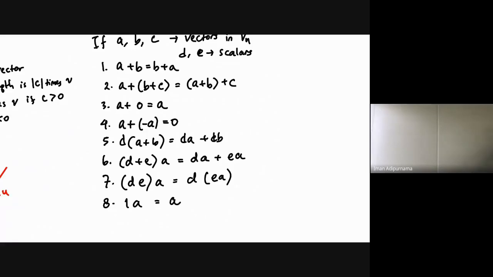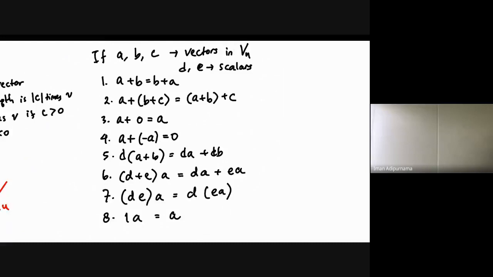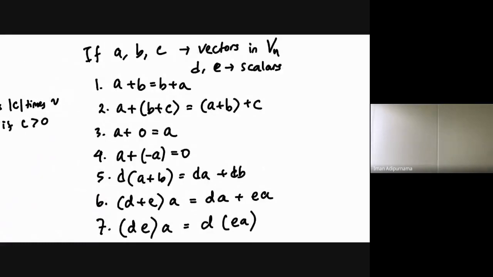Okay. Now notice the difference. I'm using A, B, C as the vectors and d, e as the scalars. In your textbook, they use the same c. So to avoid misconception, I'm putting d instead of c. So d and e are scalars. And I think this is well known.